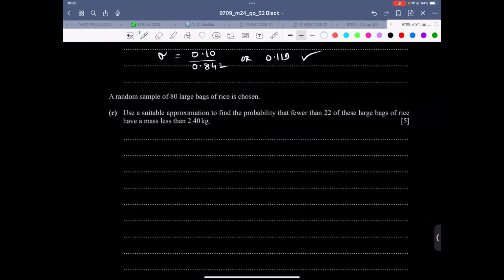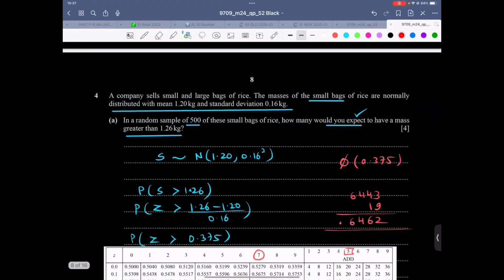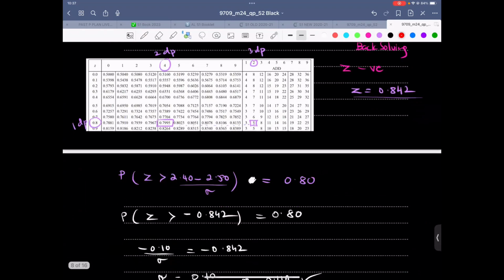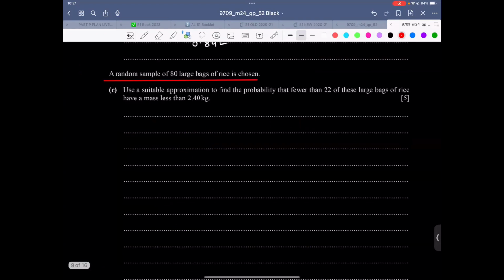The next one. Now the question says, a random sample of 80 large bags of rice is chosen. So first we were talking about in blue color, that was the small bags. Then we talked about in green color, the large bags. And we have this thing, just remember this 20%. 20% of large bags have a mass less than 2.40.